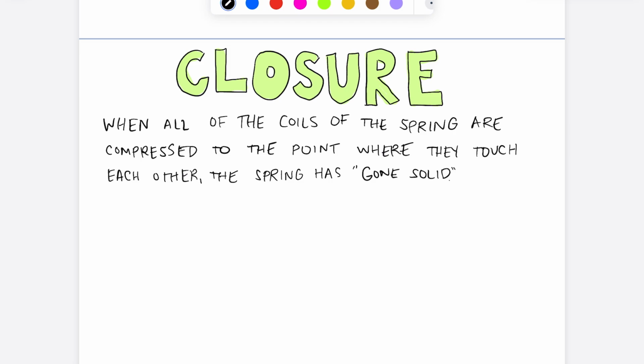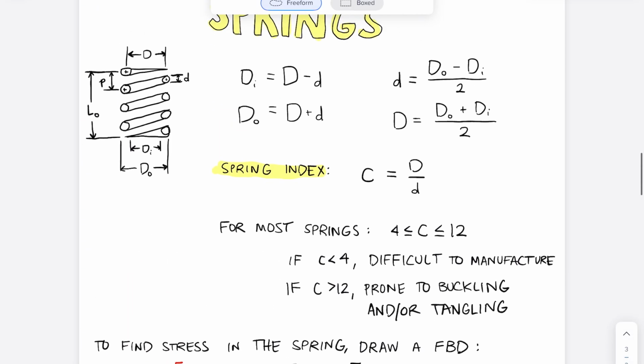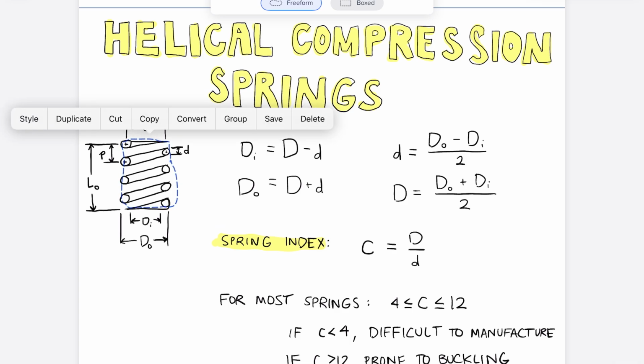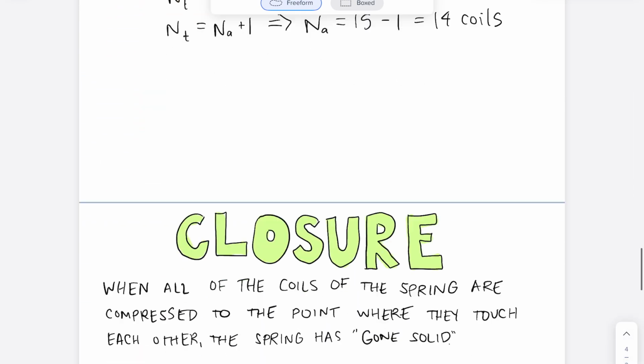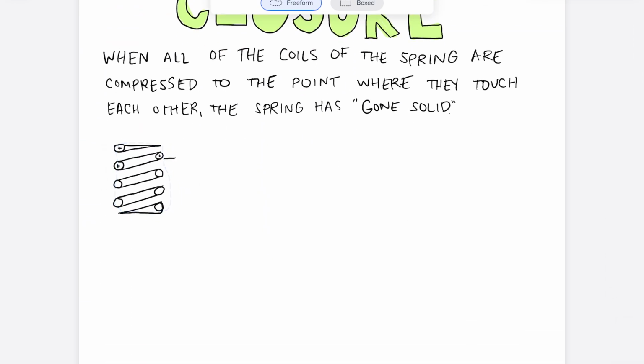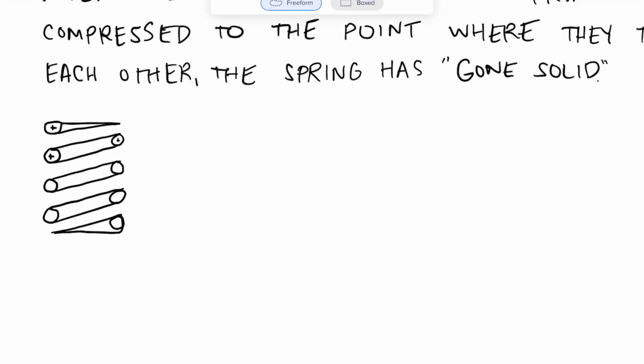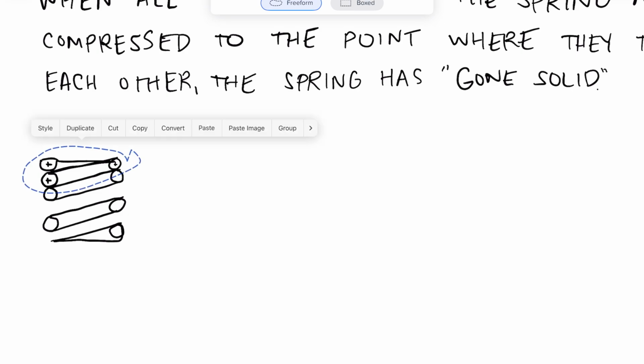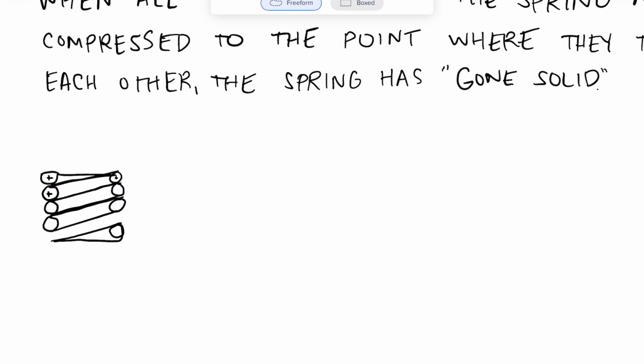All right, so let's see what that looks like. I'm just going to copy this drawing from up here so I don't have to redo it all. Okay, so if I am compressing this spring and I'm pushing until the point where these coils are actually touching one another, it roughly looks like this.